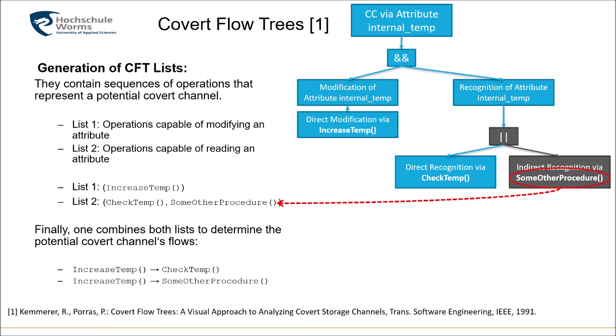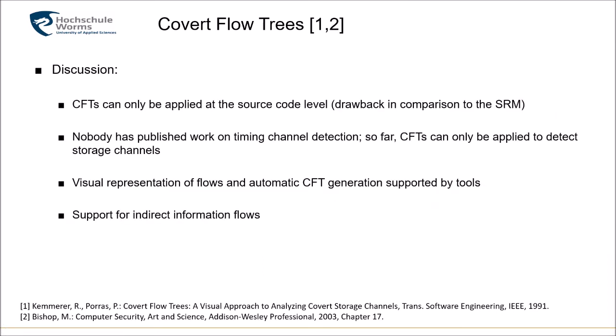Covert flow trees can be applied at the source code level. That's a drawback in comparison to the SRM because we are limited to the source code level. However, they work automatically, and this is pretty good. I don't think that there's a current implementation available for modern programming languages, but it works, and one can potentially port this to modern programming languages.